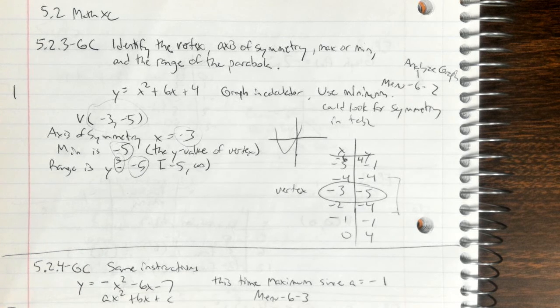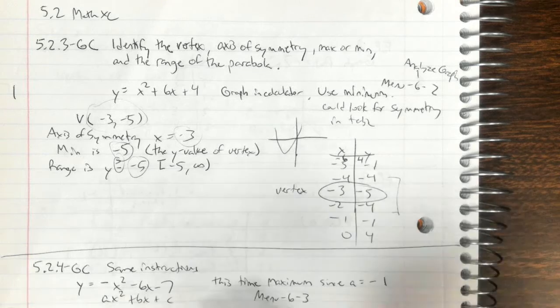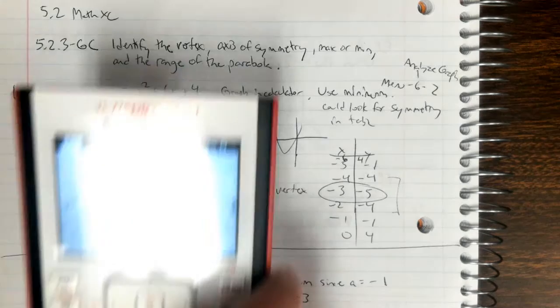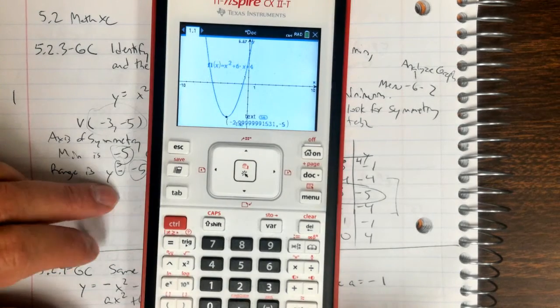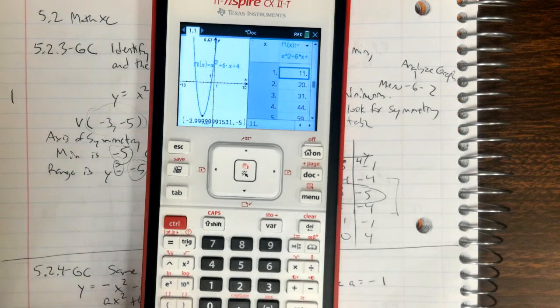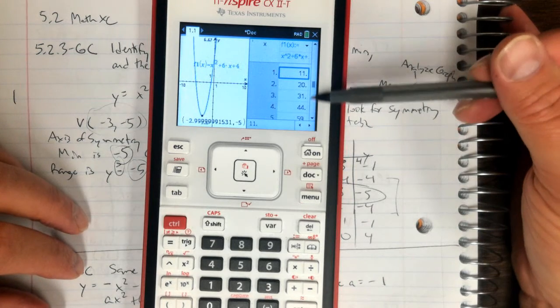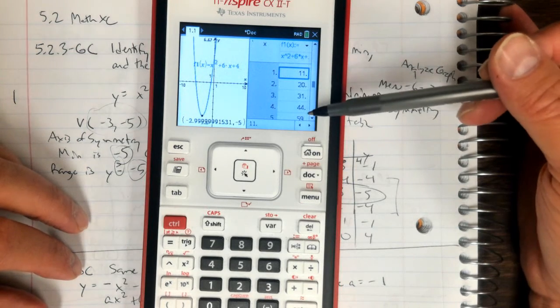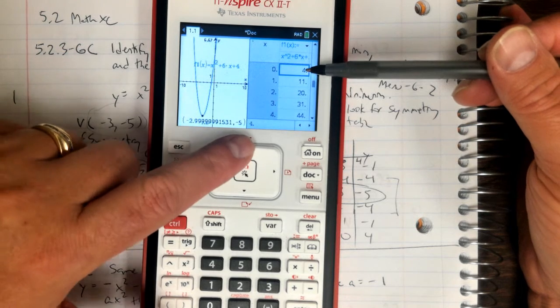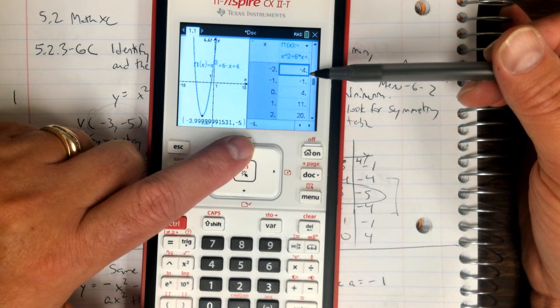The other thing I was going to mention is sometimes you can look for symmetry in the table. For example, Control T and start seeing where numbers match. Right now they don't, so I'm going to have to scroll up: 4, -1, -4, -5.